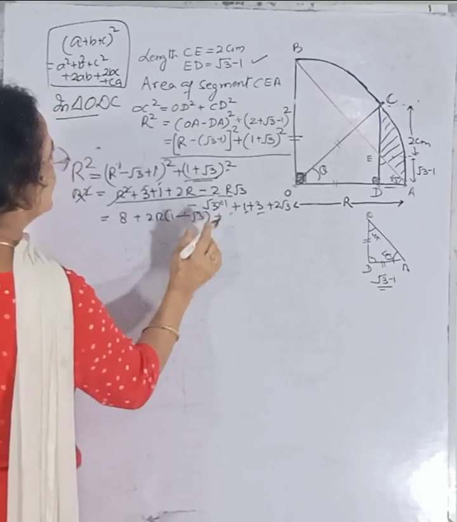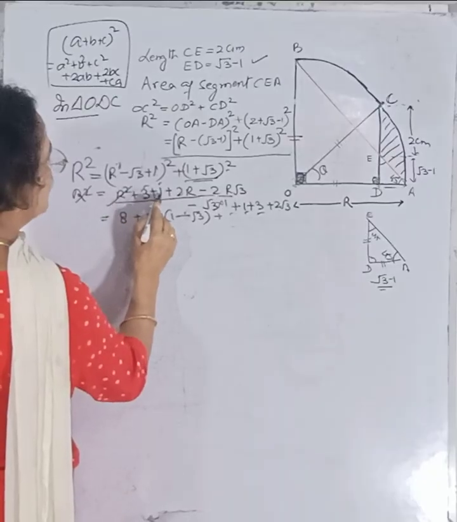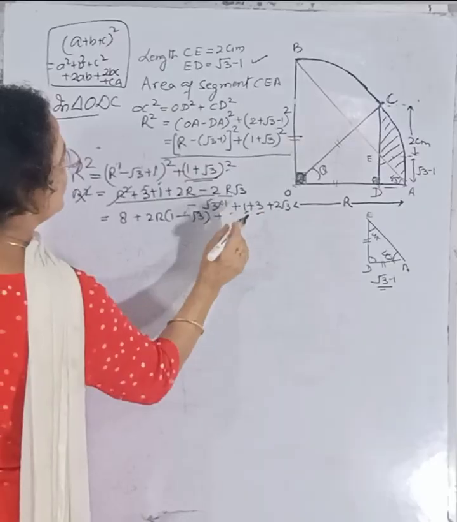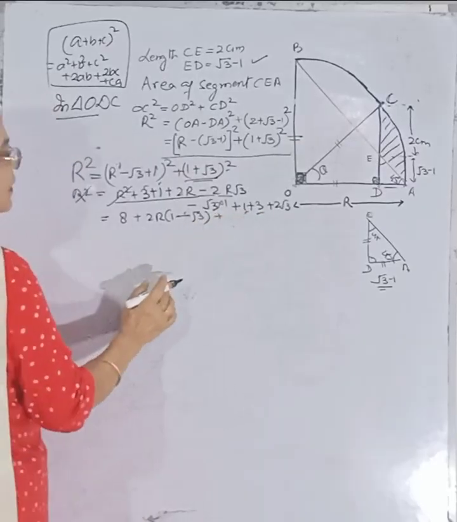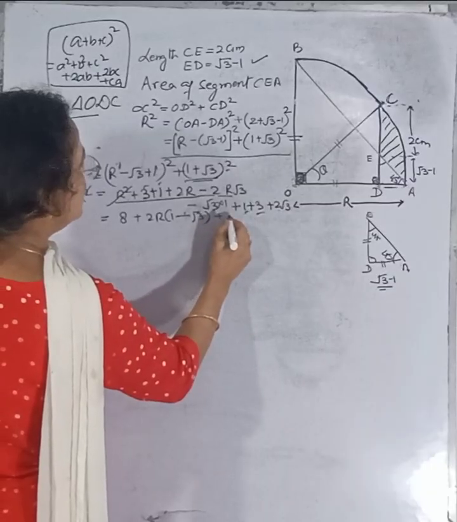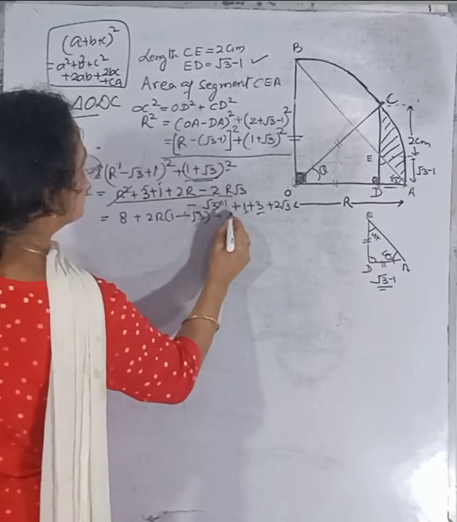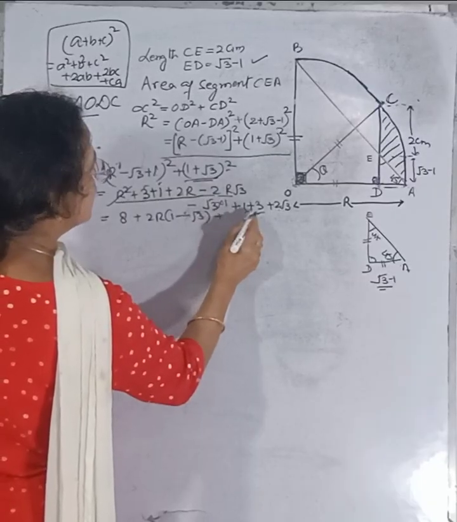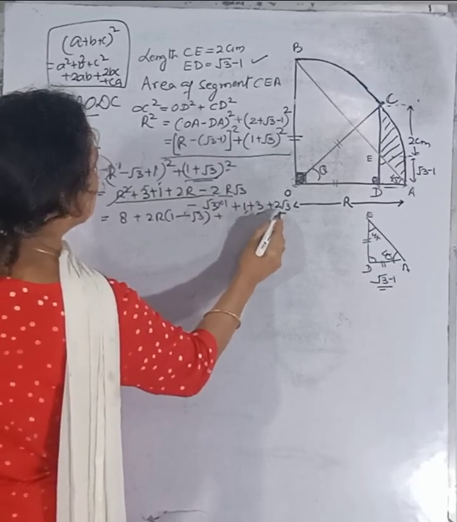A square plus B square plus root 3 times 1 square plus 3 square plus 2 root 3. So this will be equal to plus root 3. This is 2 root 3.